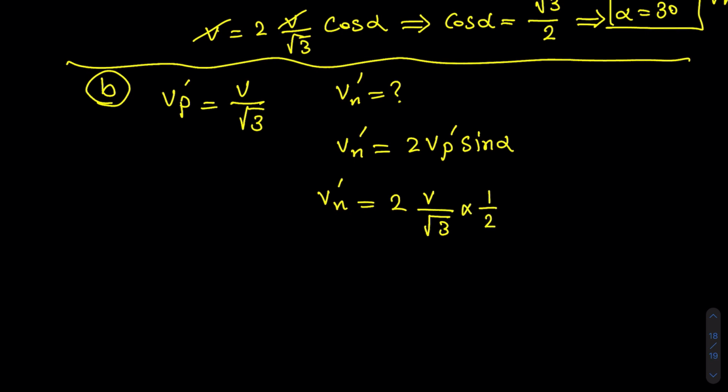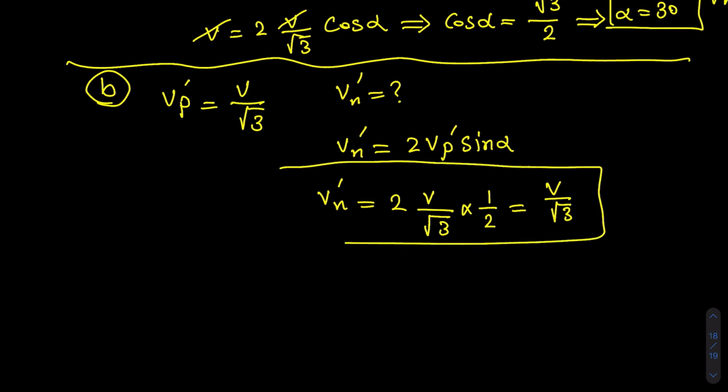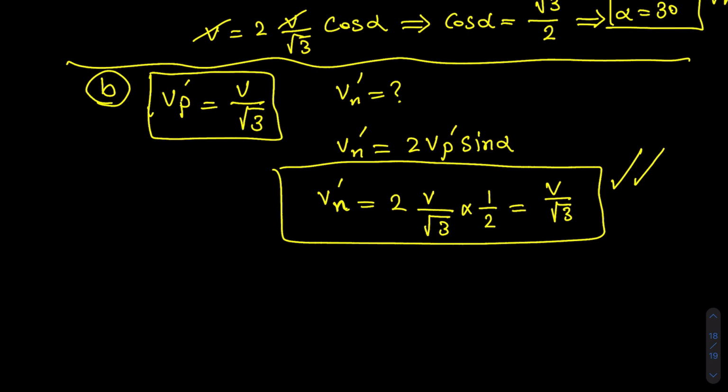And then we will simplify, and we will get V over square root of 3. So this is the value of the velocity of nucleus after collision. We are done. These two values are the same: the magnitude of the velocity of nucleus after collision and the magnitude of the velocity of particle after collision are both the same.